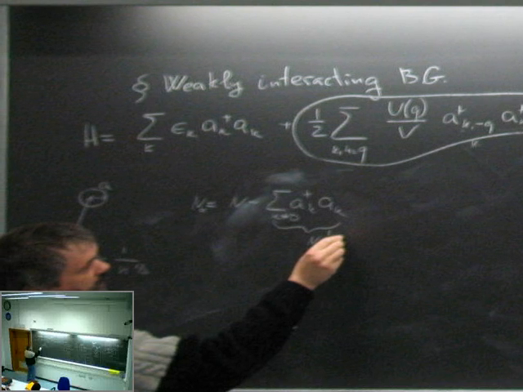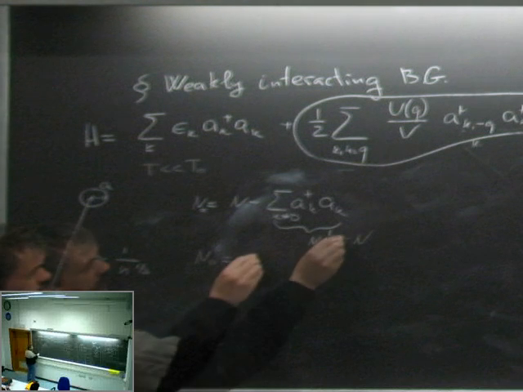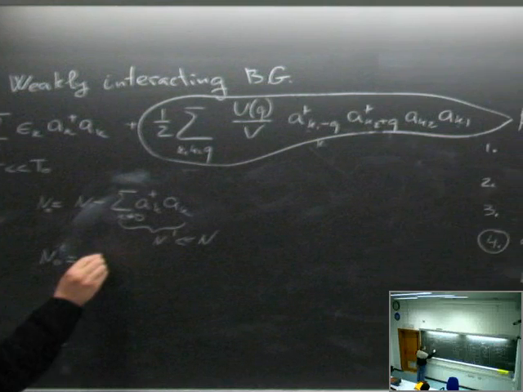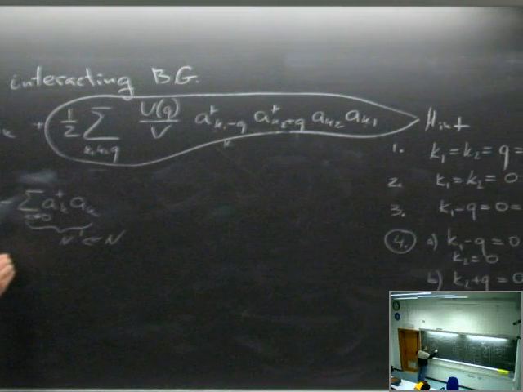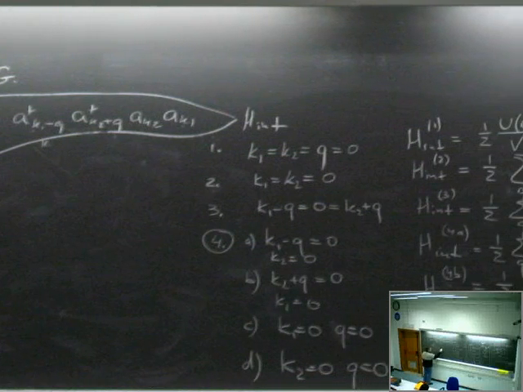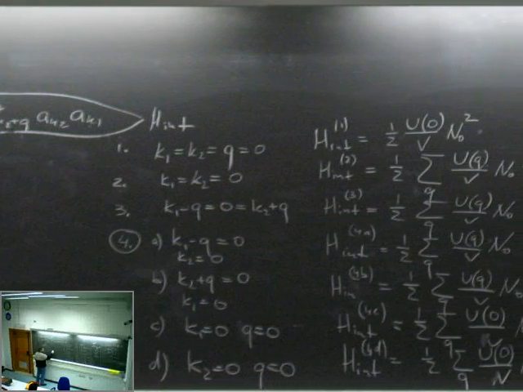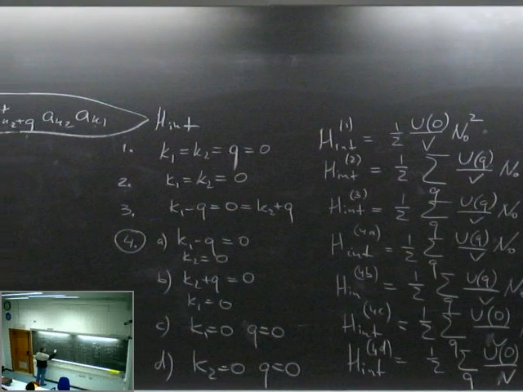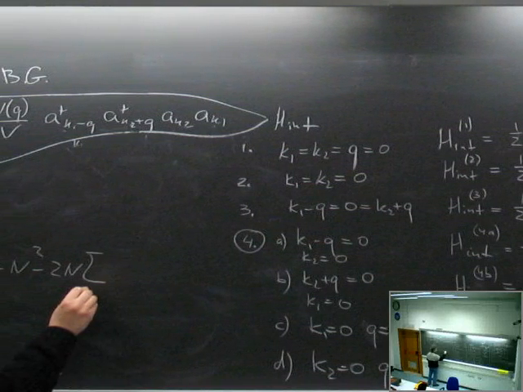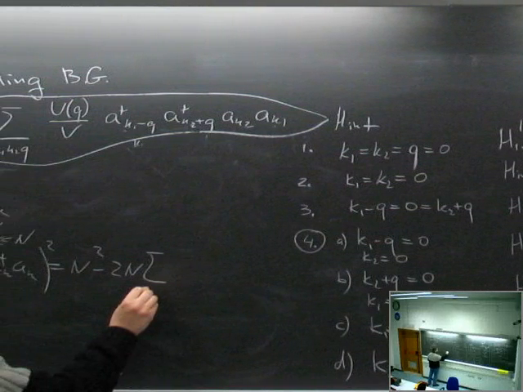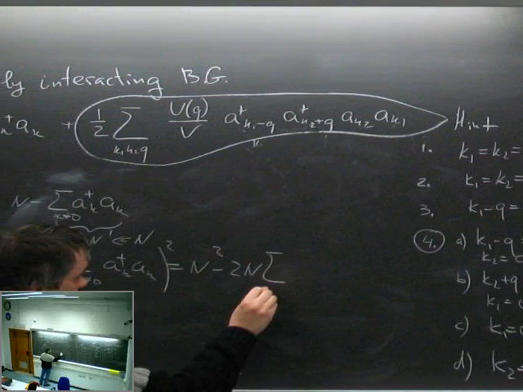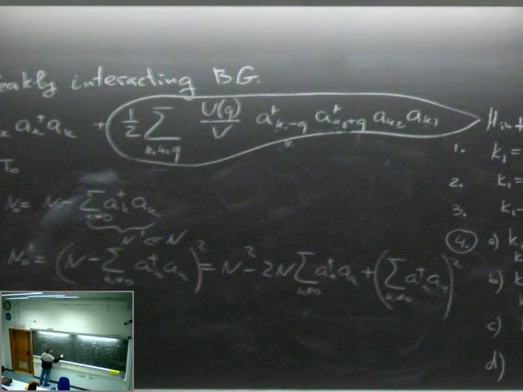Therefore, I square this. N node squared is equal to N minus sum over K not equal to 0, A dagger K A K, squared. It is equal to N squared minus twice N sum over K not equal to 0, A dagger K A K, plus sum over K not equal to 0, A dagger K A K squared.